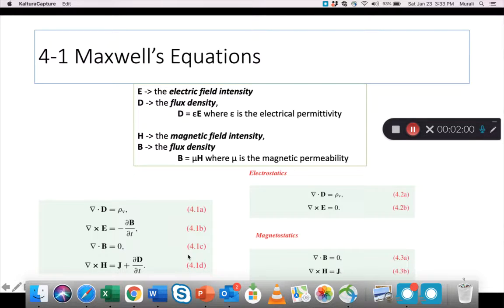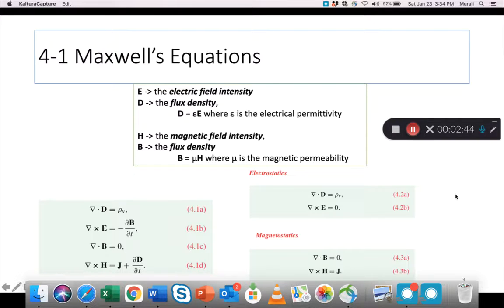They are about the behavior of electric fields and magnetic fields, and sometimes the two are related, interconnected, right? So when you are able to study them separately, the electric and the magnetic field, with no connection between them, such a situation is possible only when certain conditions are met.